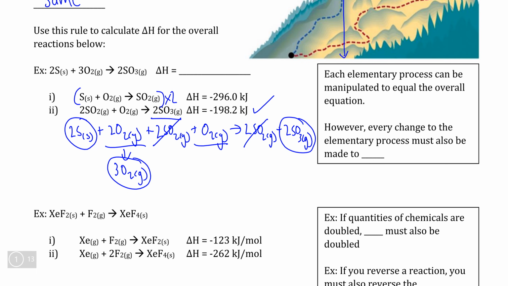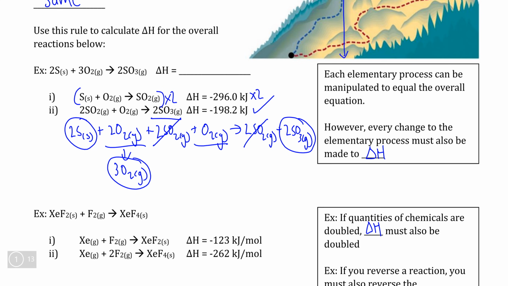However, according to the laws of conservation of mass and energy, whatever multipliers we add to each of the elementary processes, we also need to add that to delta H. So for example, if we doubled the quantities of step 1, delta H must also be doubled as well.